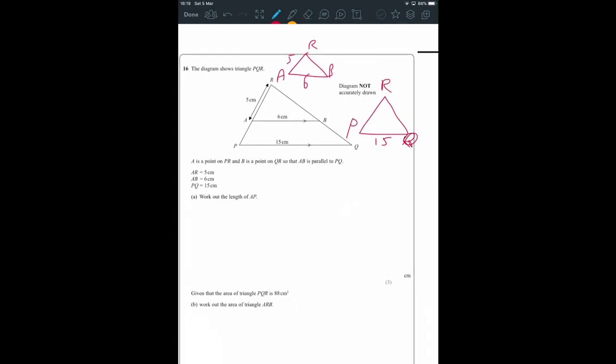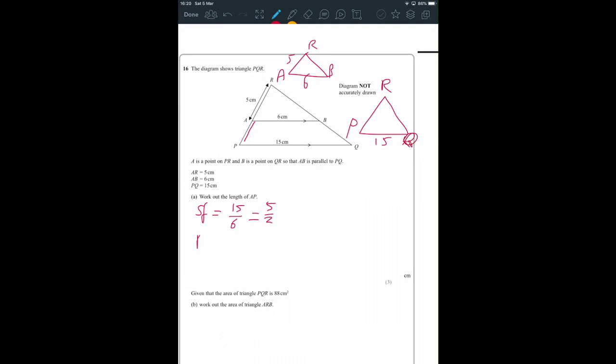This A to P is just the little length here, so if I can find the length P to R, I can then subtract 5 and be very happy. Well, first I need the scale factor. Scale factor using corresponding sides, 15 over 6 are the two which match up, which simplifies to 5/2.